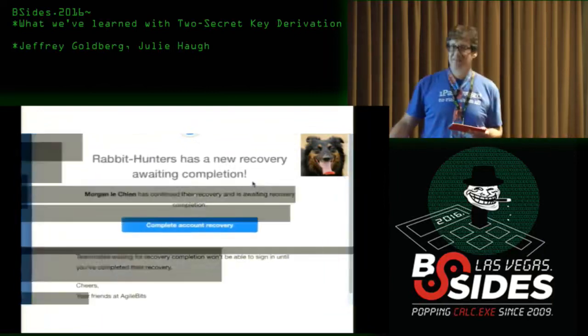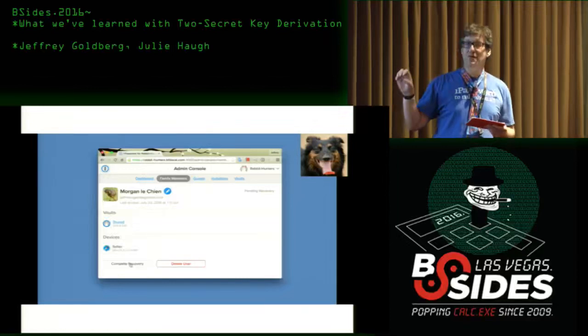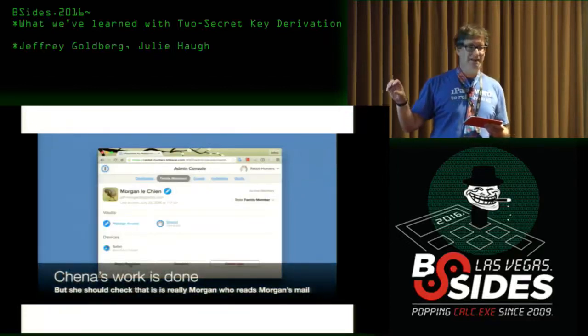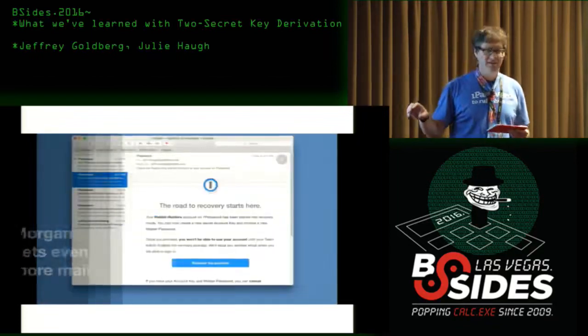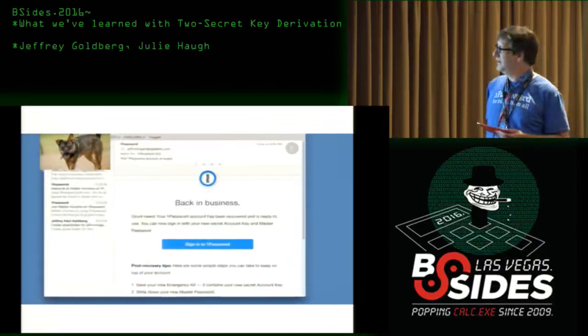And this is because it's the completing the recovery in which the new owner sends the appropriate vault keys, or encrypts the appropriate vault keys, with Morgan's new public key.